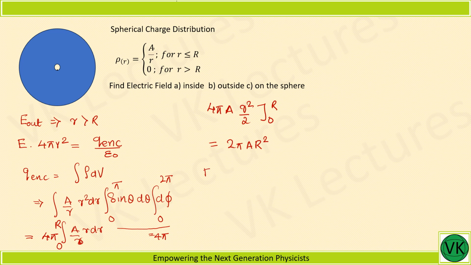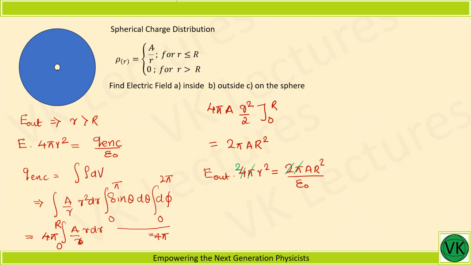Now electric field E out into 4 pi small r square is equal to Q enclosed, 2 pi A capital R squared, divided by epsilon naught. From here we can cancel out whatever is common. Pi and pi get cancelled.